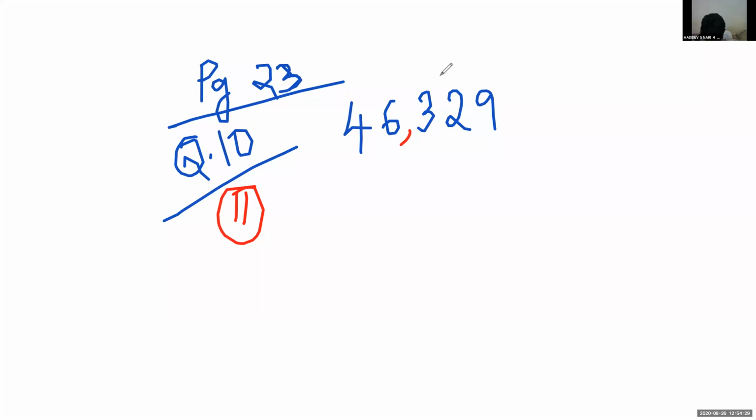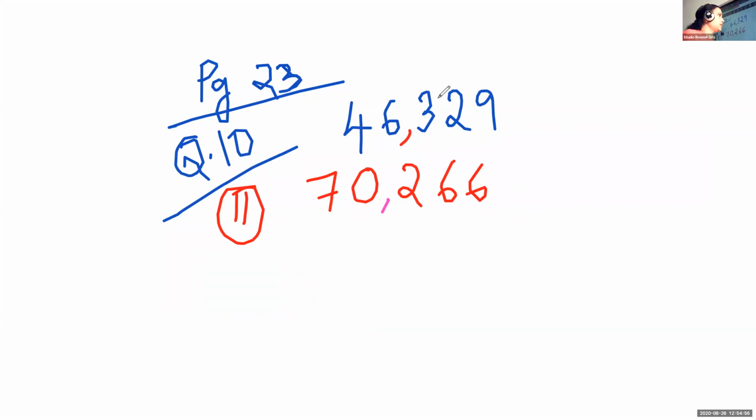You have to compare the thousands place. Tell me the smallest number. 0. Okay. So which number is small? 70,000. 70,266 is the smallest number.